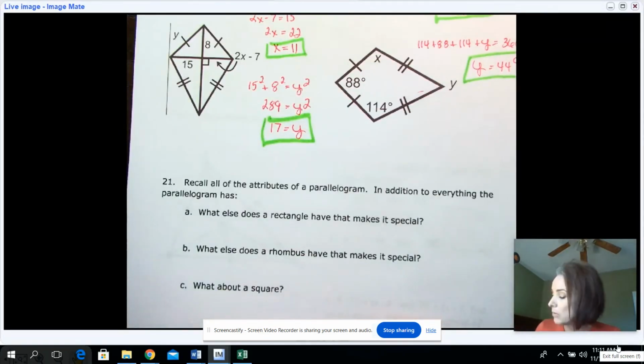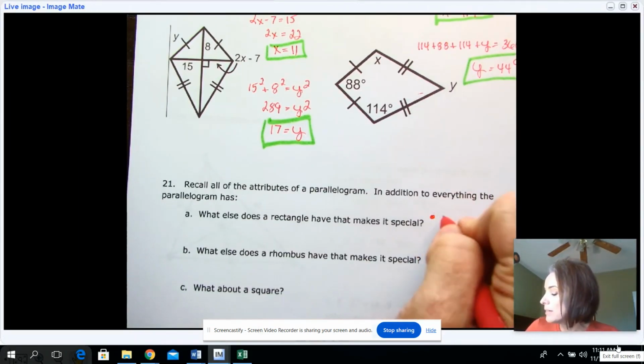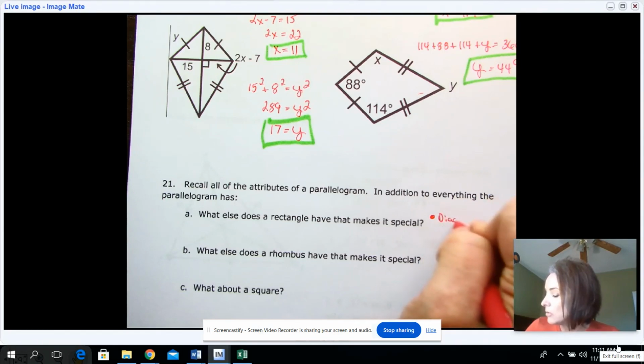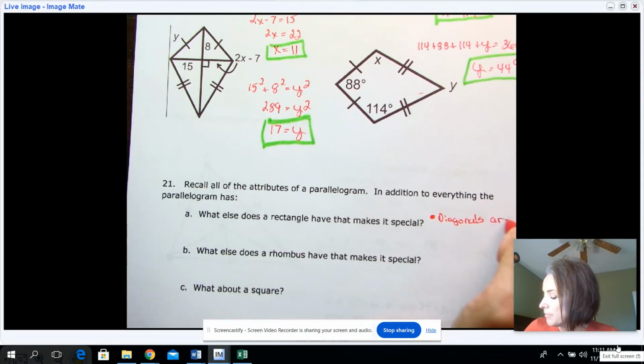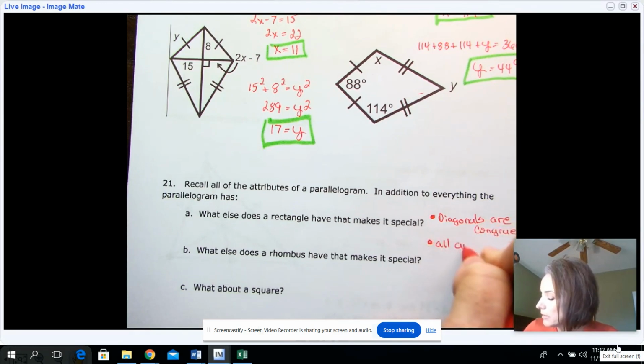All right, so what's special about a rectangle? Not only do the diagonals bisect each other, but the diagonals are congruent. And also, all the angles are 90 degrees.